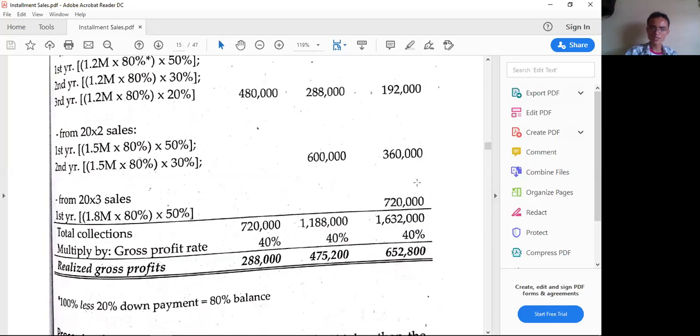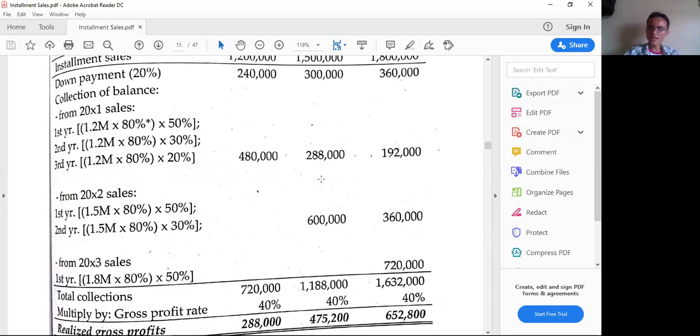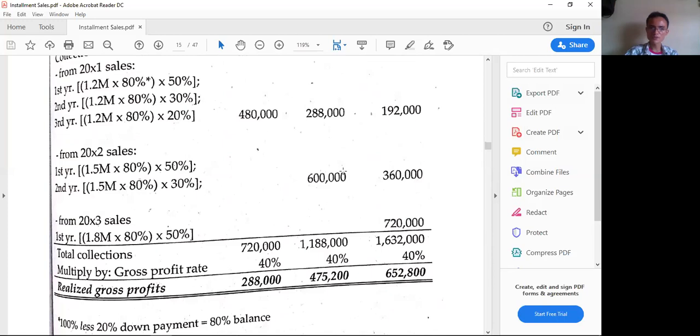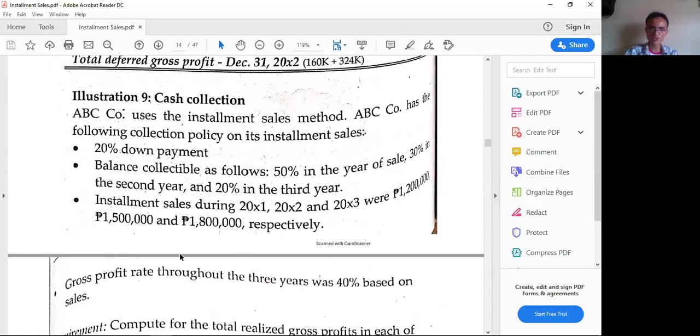However, this might be challenging, most especially if we will not be given the privilege to construct the table. So what if what will be asked will be the second year? So it's really going to be playing in the mind, but you can write the solutions. Like for 20x2, we know that the down payment will be made in that year. 50% will be in the year of sales. So meaning for 20x2, it will be composed of 2 years collection.